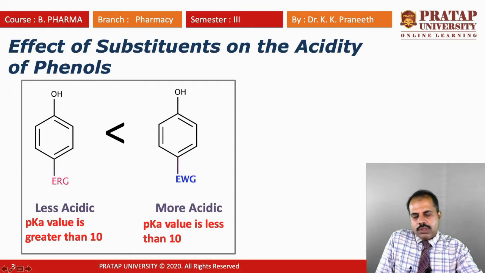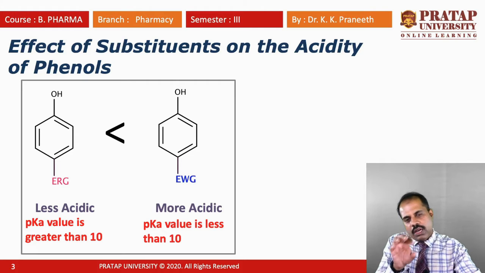You know some examples of electron donating groups, right? We have already seen some examples of electron releasing groups. A few examples I will tell now. Some electron releasing groups are the methyl group, which donates electrons. The amino group is a very strong electron releasing or electron donating group. The methoxy group, OCH3, can release electrons effectively.